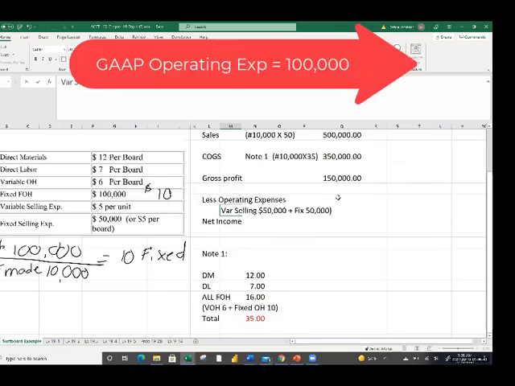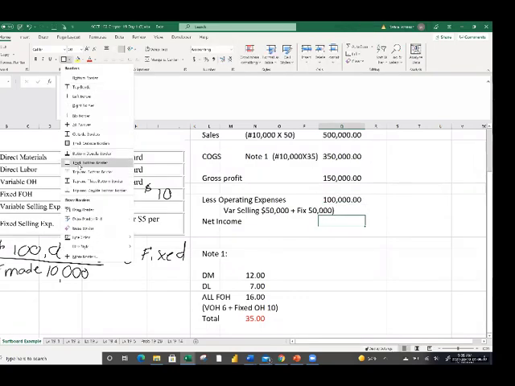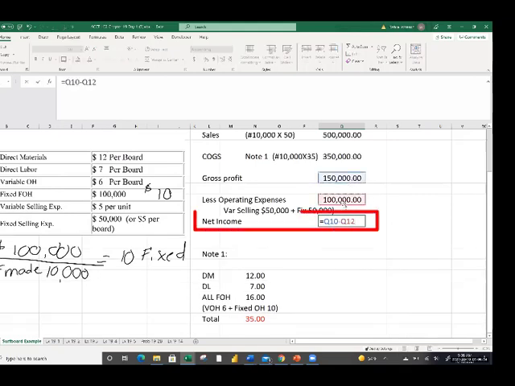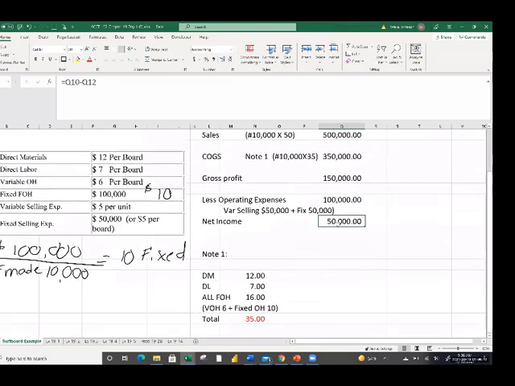So those operating expenses are going to be 100,000, the sum of those two. My net income using traditional GAAP costing, which we've been doing now for quite some time, would be 50,000. Okay, that is not new. That's what we've been doing. Any questions on that?